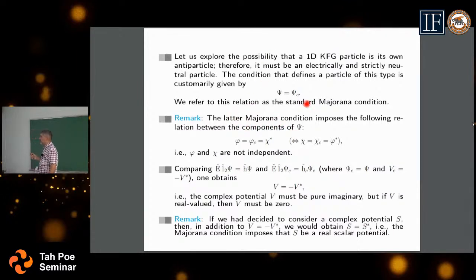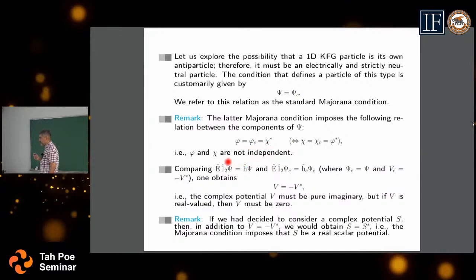Okay, let's explore the possibility that a Klein-Fock-Gordon particle be its own antiparticle. I need to introduce a Majorana condition. I put the same Majorana condition as I explained before for fermions. So this condition imposes restrictions, because in that case the two components of the wave function are not independent.